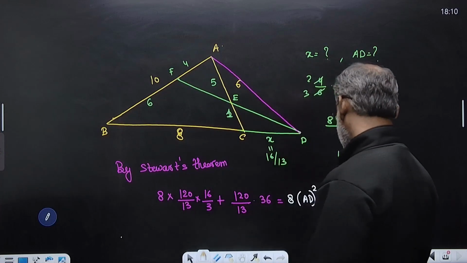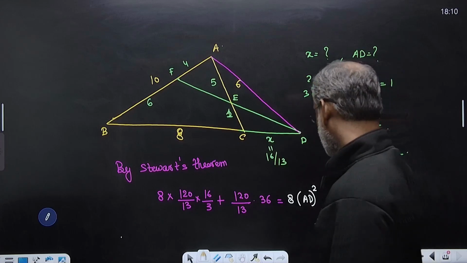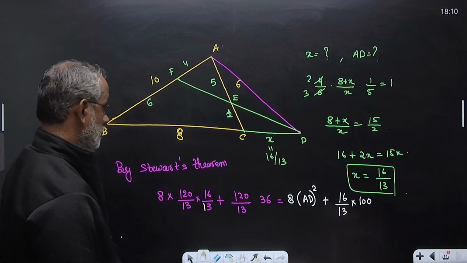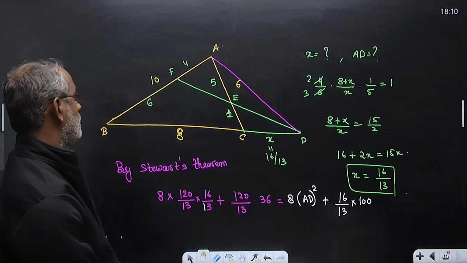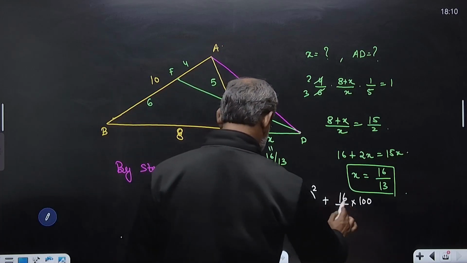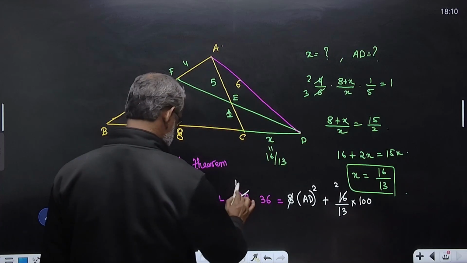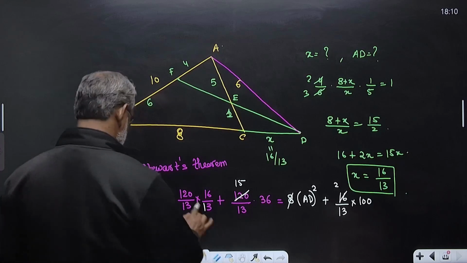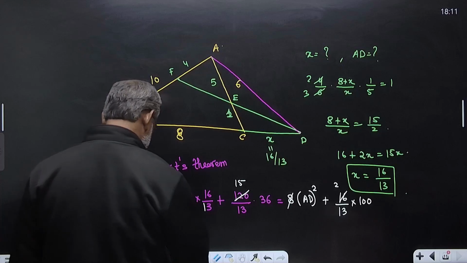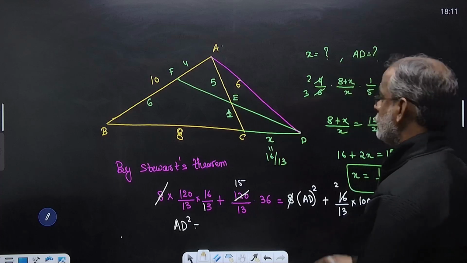So C and C, 16 by 13 into 100. C and C, isn't it? So 8, 2, 15. Okay. Now you can find AD square, collect terms at one place and determine it. Okay. So somebody may ask you this.